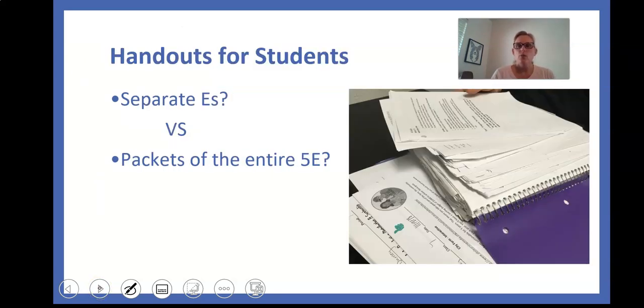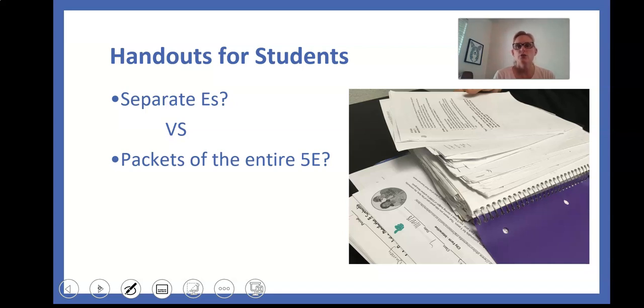So when we talk about what to do with handouts, in my class, I give them the whole 5E at a time for most of them. On occasion, like for my Toxins 5E, I give it in 2 different halves. That just depends on your style. The problem with giving them the whole 5E at once is that sometimes kids look ahead to the Explain part because they don't want to get anything wrong.